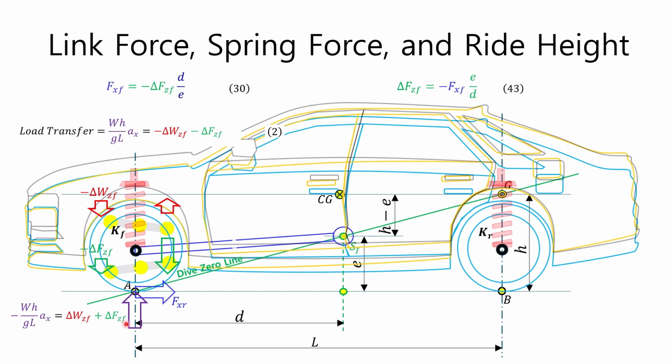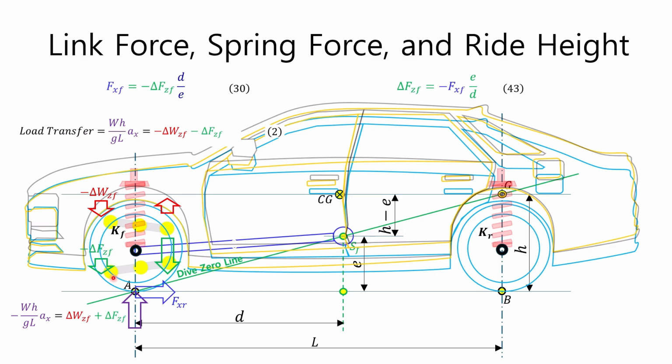As shown in equation 43, the absolute value of the ground reaction force for the vertical dynamic load, delta FZF, which appears through the front suspension links during braking, increases as the ratio of E to D increases. If the absolute value of the force on the suspension links, delta FZF, increases, the force acting on the suspension links increases.